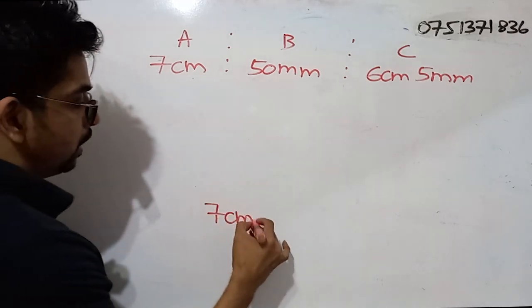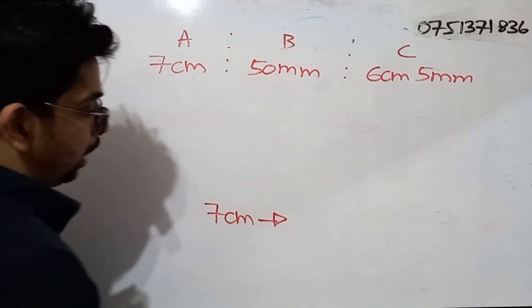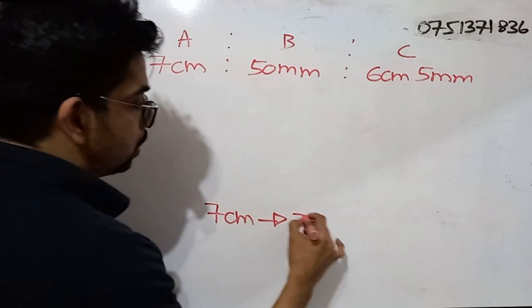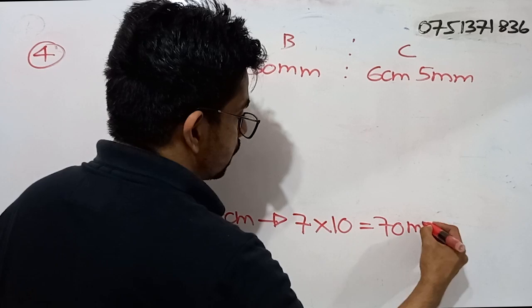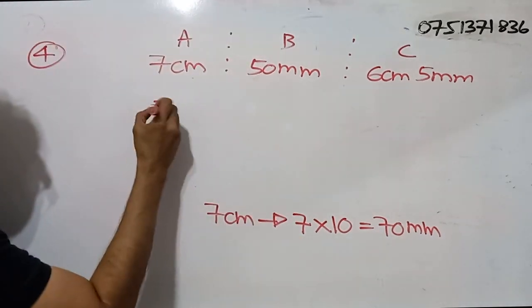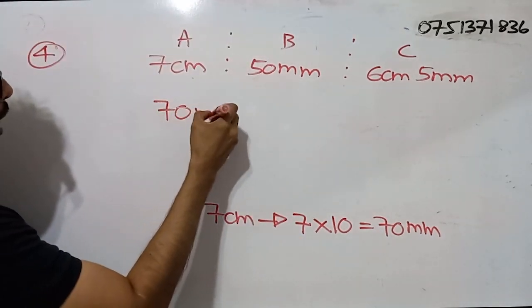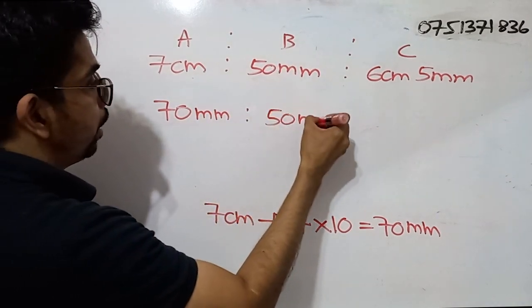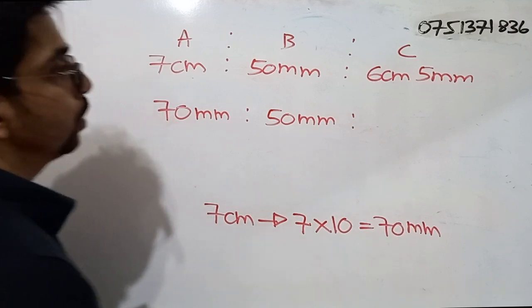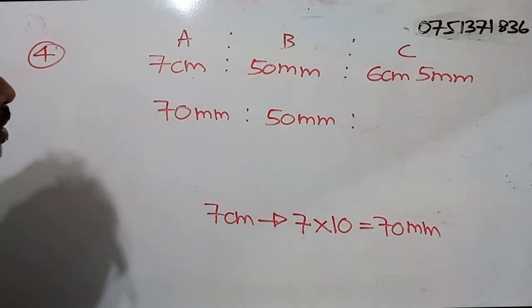So 7 centimeters, when we convert this into millimeters, what do we have to do? 7 into 10, no? So this becomes 70 millimeters, right? So this is 70 millimeters. 50 millimeters is already given to us in millimeters, so we don't have to do any conversions.